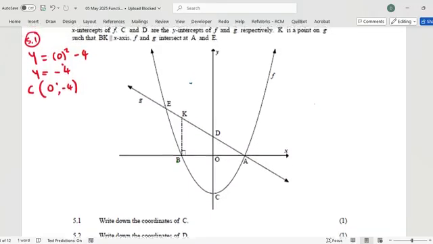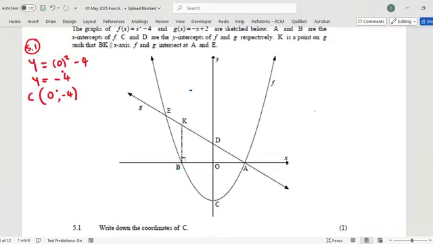You still ask yourself a question. D, is it the x-intercept? Is it the y-intercept? Or is it the point of intersection? What is D? Y-intercept.